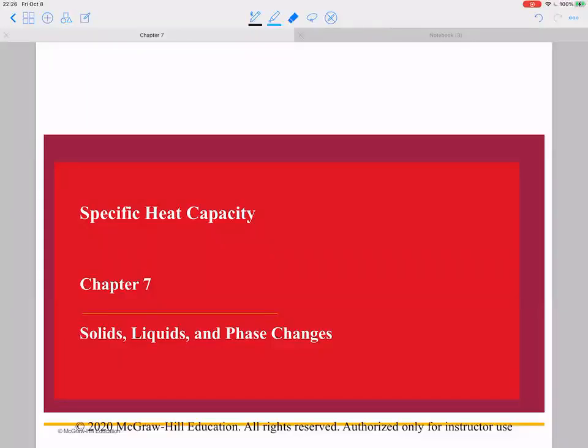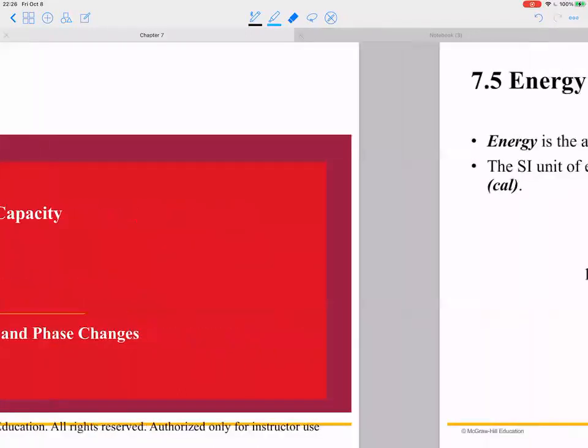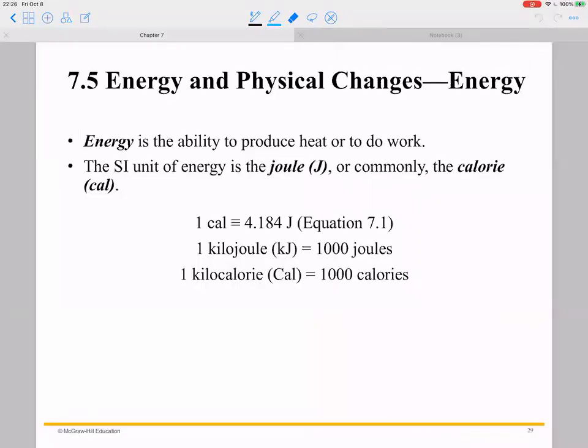All right, so the last topic we need to cover with solids and liquids is this concept of specific heat capacity. And before we talk about specific heat, let's just talk about energy more generally. In chemistry, when we talk about energy, we're talking about this quantity, this sort of force that has the ability to either produce heat or to do work.